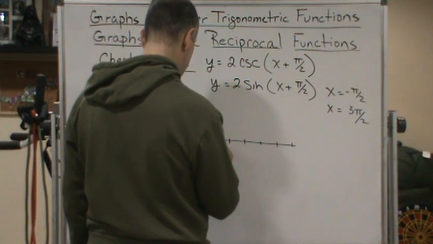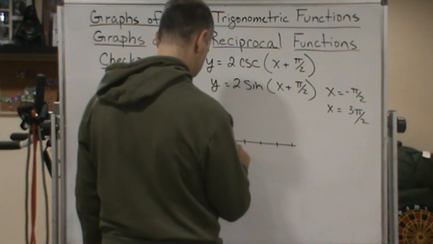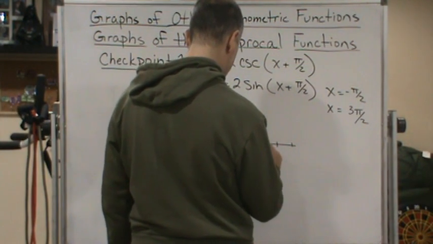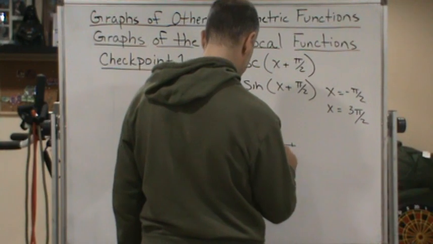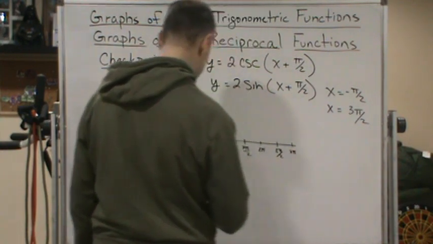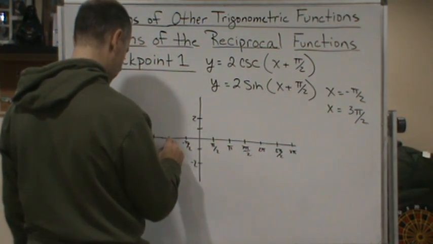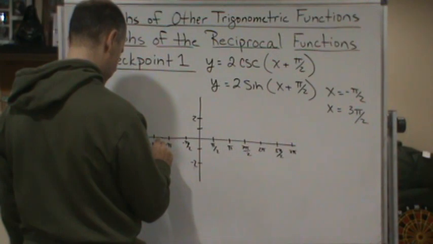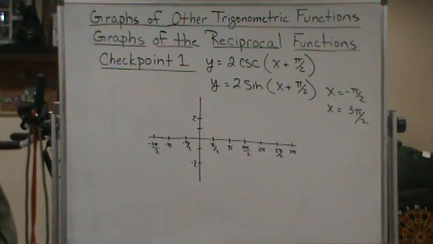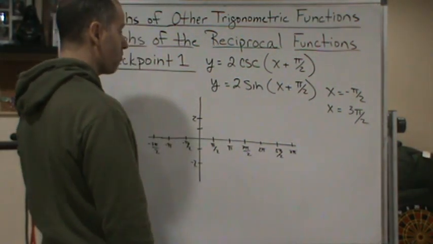So let's do pi over 2, pi, like so. Okay, so I've got my tick marks going up every pi over 2.